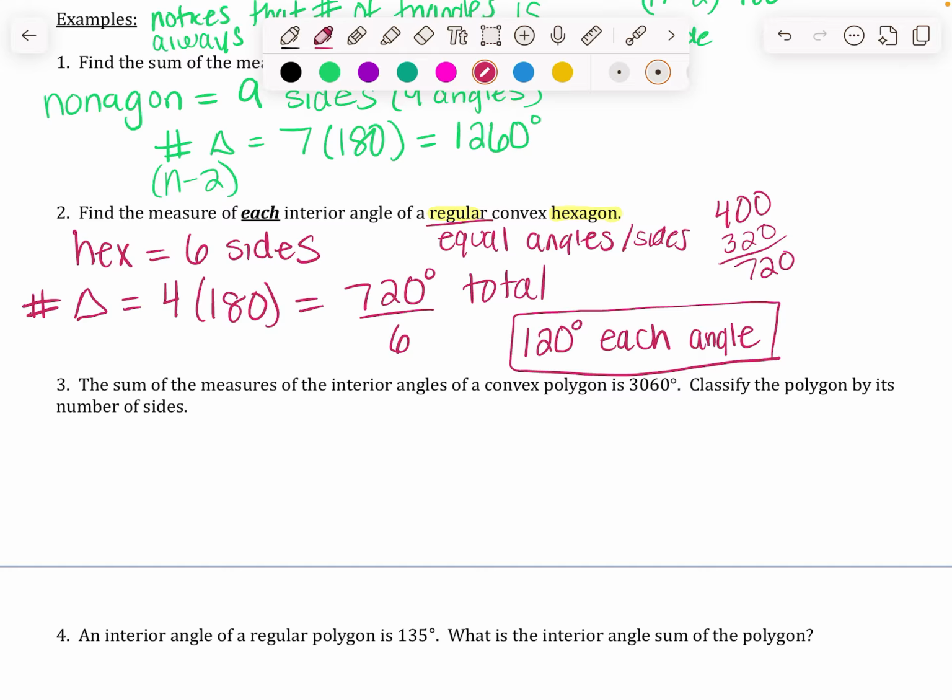Good to go. All right, the sum of the measure of the interior angles of a convex polygon is 3060. Classify the polygon by the number of sides. So this is essentially working backwards.